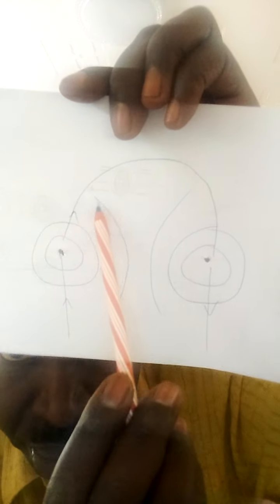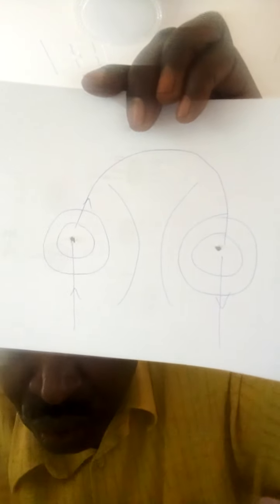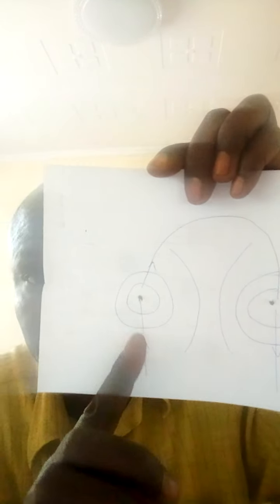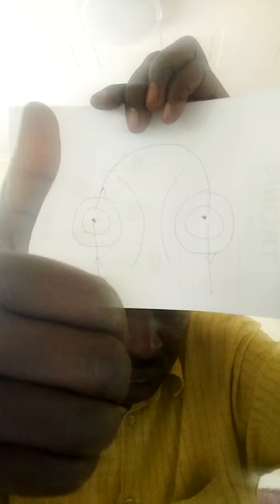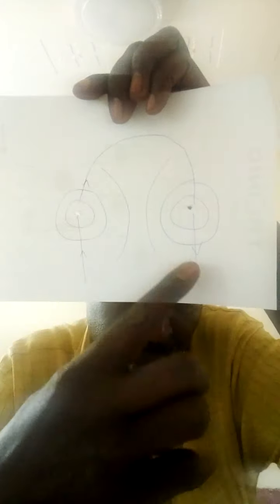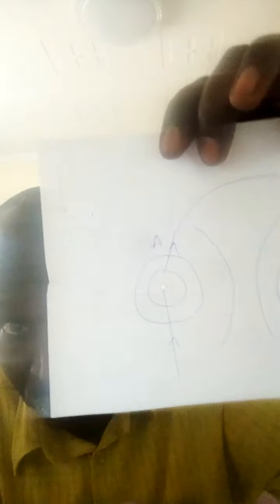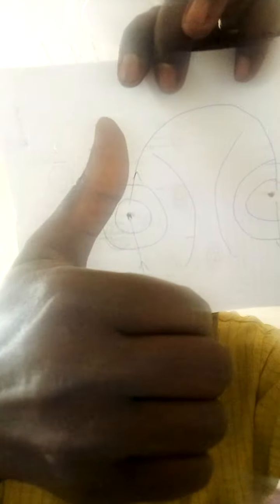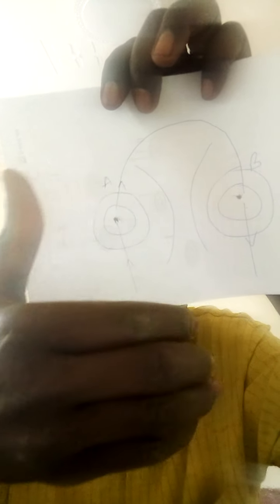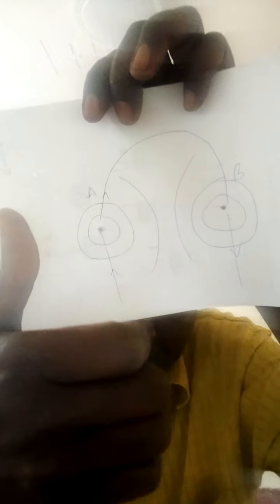Again, we start up, and then this one down. So what happened? For this, you hold like this. Current is up. For this one, you will hold it downward. So if I may put it the right way, A and B. So A, we are holding like that. This way, it is anti-clockwise.